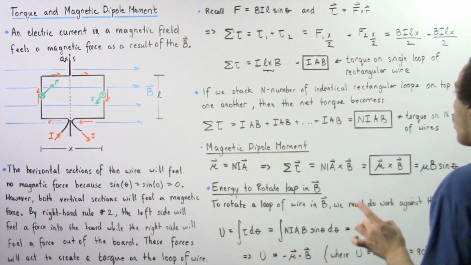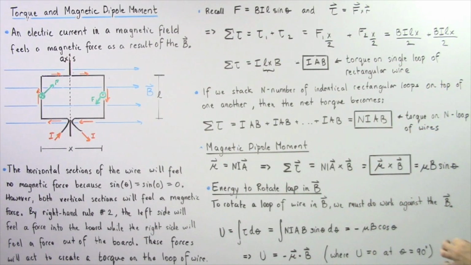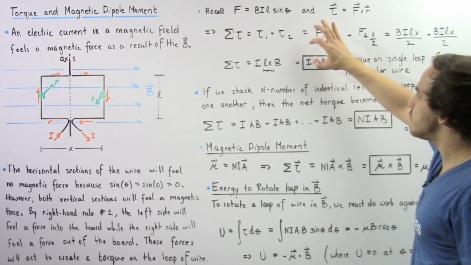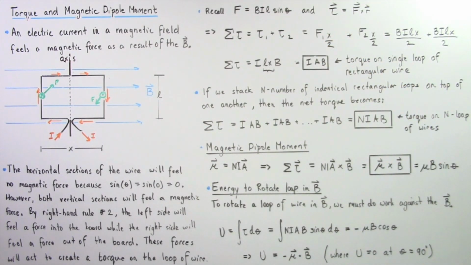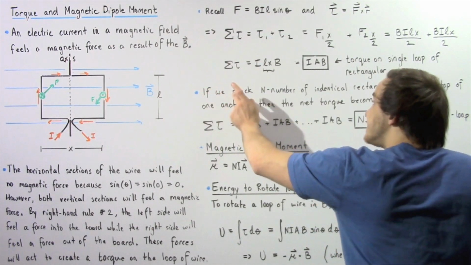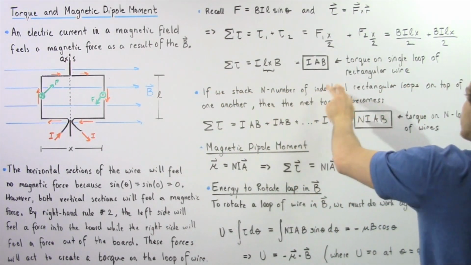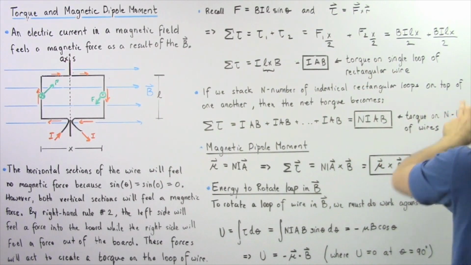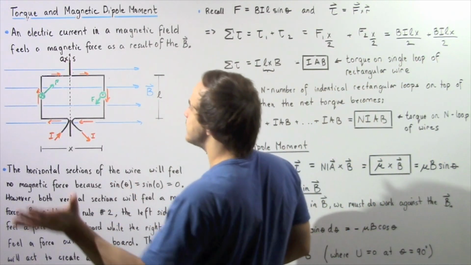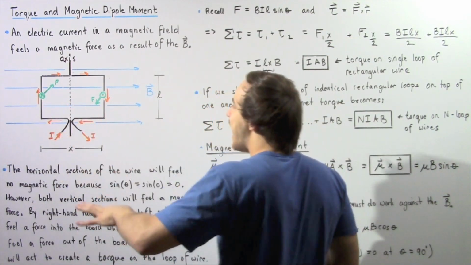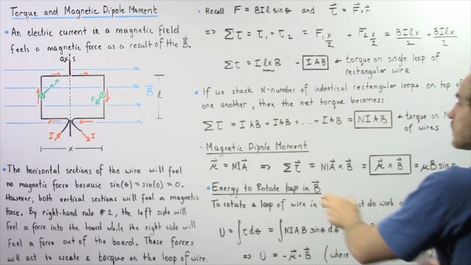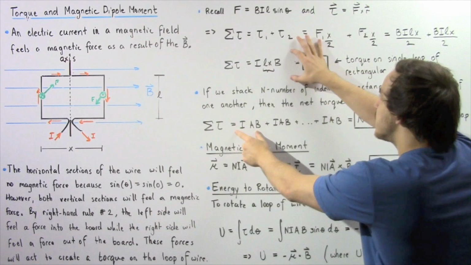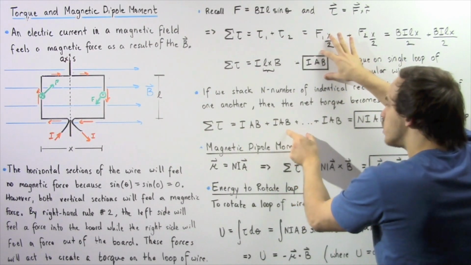So we see the net torque acting on a single rectangular loop of wire within a magnetic field B is equal to the electric current I multiplied by the area of the loop A multiplied by the magnetic field B. Now, if we stack n number of identical rectangular loops on top of one another, so we take a second loop, place it on top, a third loop, place that on top, and continue doing that n number of times, then the net torque becomes simply the sum of the torques given by this equation on each one of those loops.